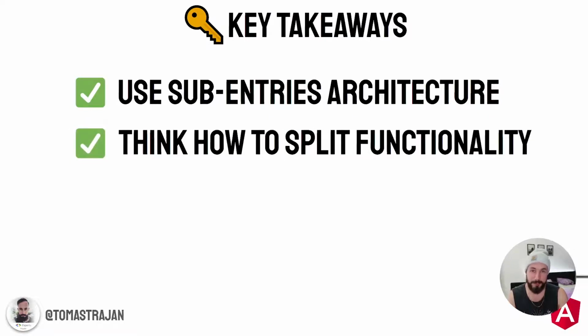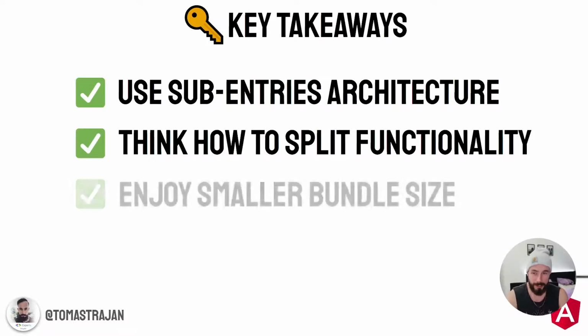Think how to split. The good thing about the sub-entries is that it forces you to think about how you should cut and split the functionality in your library, right? It forces you to have a clean one-way dependency graph and clean architecture, which is much easier to lose when we just keep piling the code onto the library, because it still somehow works, and basically the stuff starts to depend on each other, and it's then very hard to untangle and to understand.